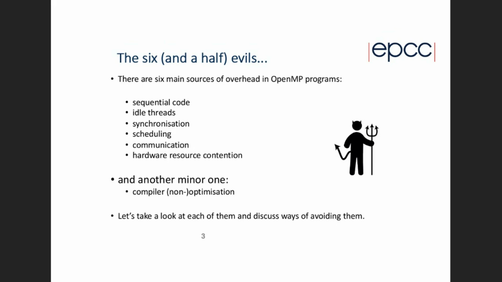These are sequential code, idle threads, synchronization, scheduling, communication, and hardware resource contention. And the half is another minor one, which I'll mention very briefly at the end, which is compiler non-optimization. So what I'm going to do is take a look at each of those and discuss tactics for avoiding them as we go along.